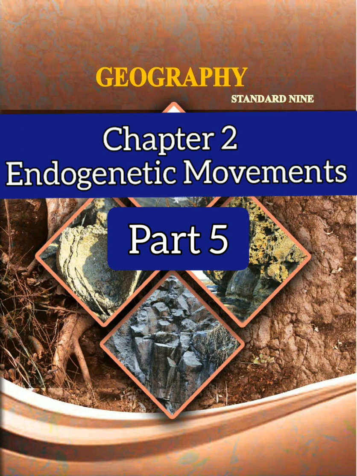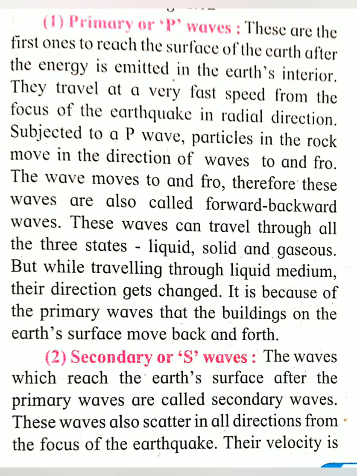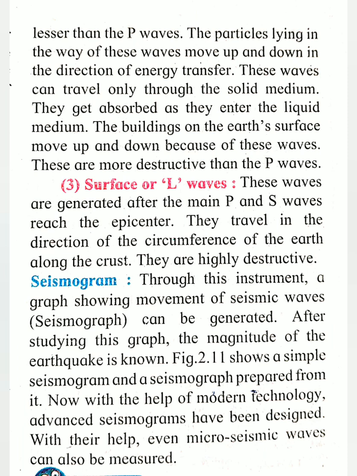Let us continue chapter 2nd, Endogenetic Movement. In the previous lecture we have seen the primary waves and the secondary waves. Secondary waves are more destructive than the primary waves, and the third one we have seen is the surface waves, which are the most destructive one.